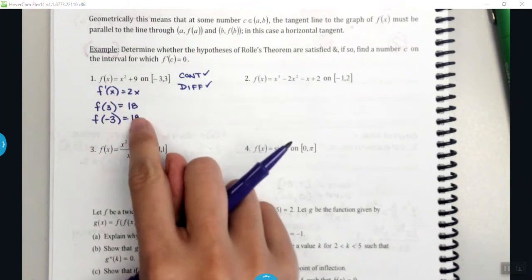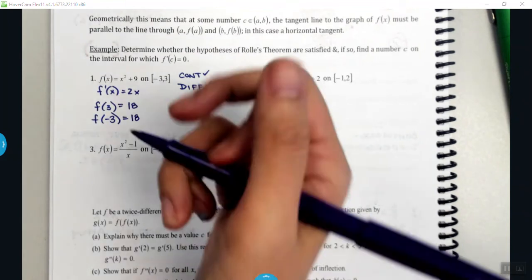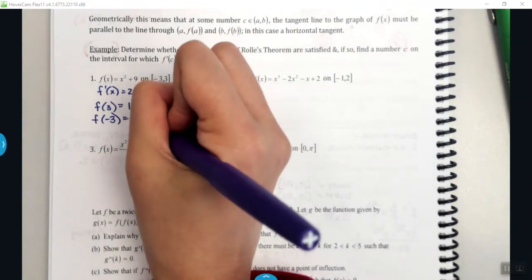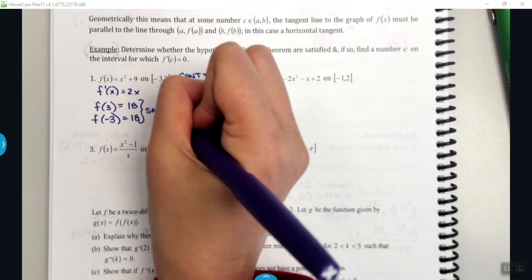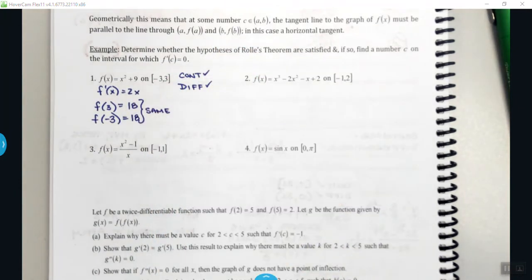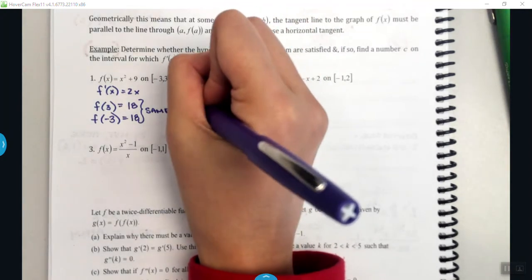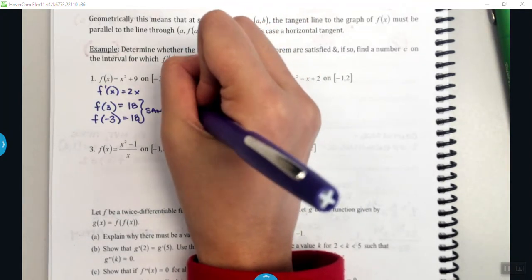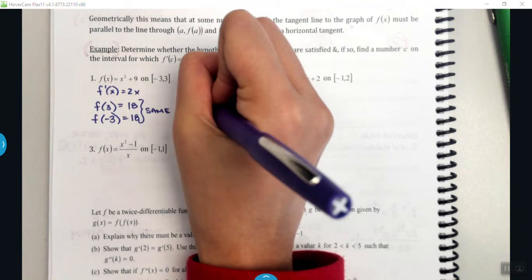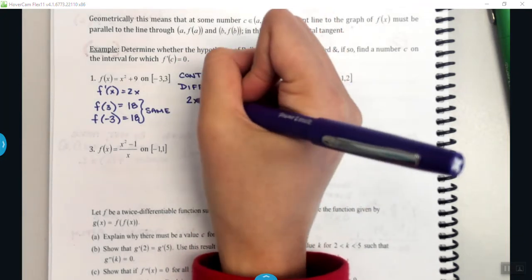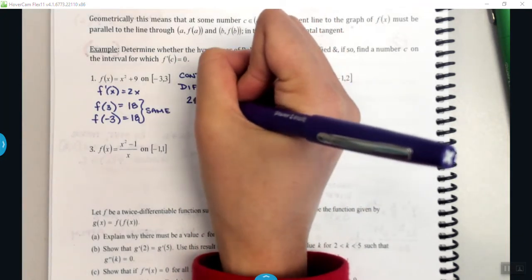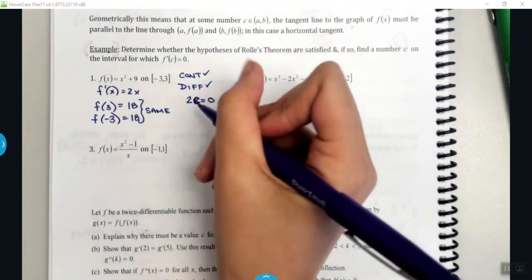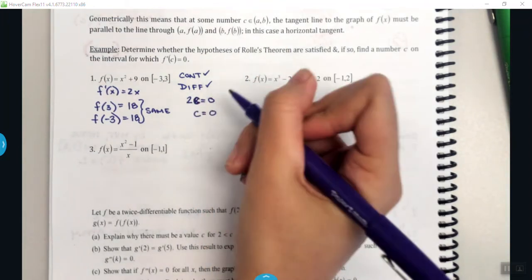So if I do 18 minus 18, I would get 0, right? So these two are the same, and if they're the same, then the derivative 2x has to equal 0, or you could do 2c if you're solving for the c value in between. So c's got to be 0.